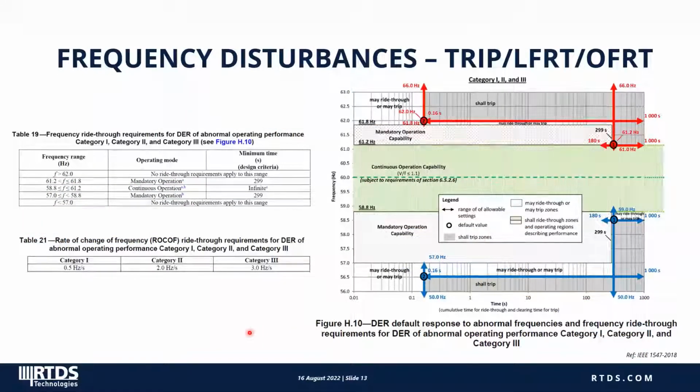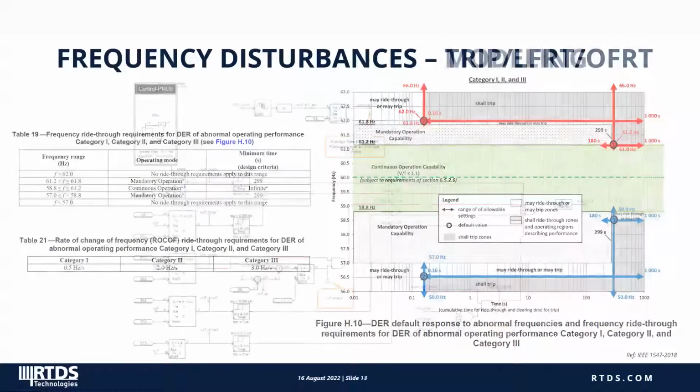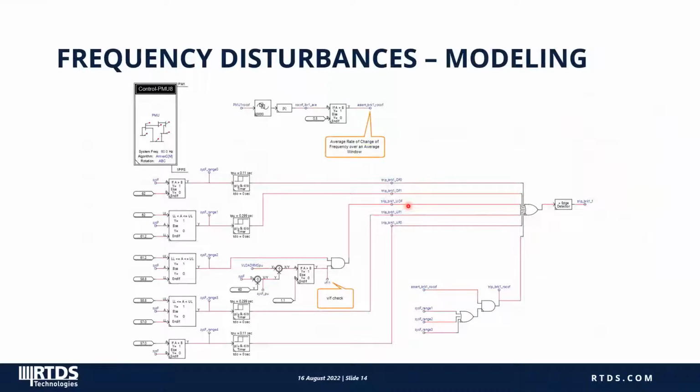The modeling for frequency disturbance is similar to the development for the voltage, with some variations such as the requirement on rate of change of frequency, ROCOF, and V over F for a specific frequency range. Here shows the developed function to realize the aforementioned requirement.